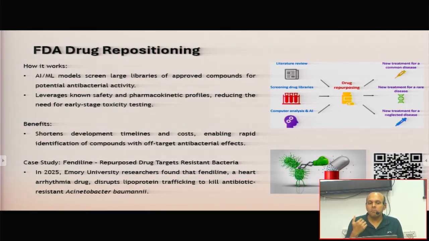A new example of that, again not highlighted over here: one of my friends has discovered that aspartame, an artificial sweetener that everyone knows, can be used for killing bacteria. Did you know that? Probably no one over here knows. The safety profile is already known because it is safe to use in humans as an artificial sweetener.